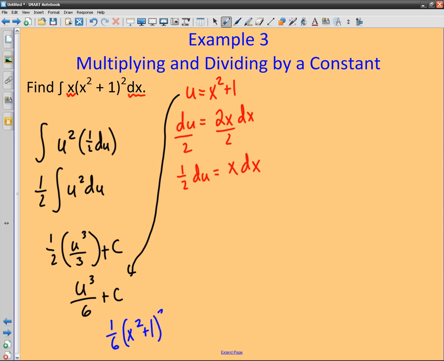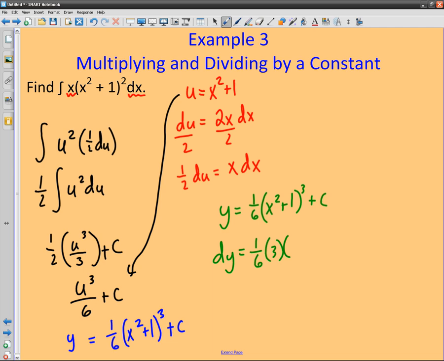So that is my final function, and if I was to differentiate that function, just as a check, then I should be able to get back to what I started with. So I will differentiate y, and if I do my power rule, I get 1/6 times 3, and following my chain rule, I'll differentiate the inside, which is 2x plus c.